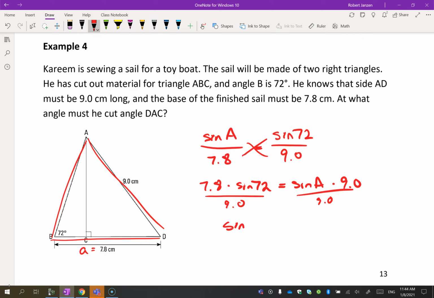And so I get sine A equals 0.8242489808.